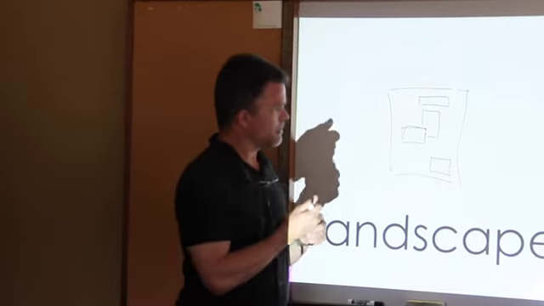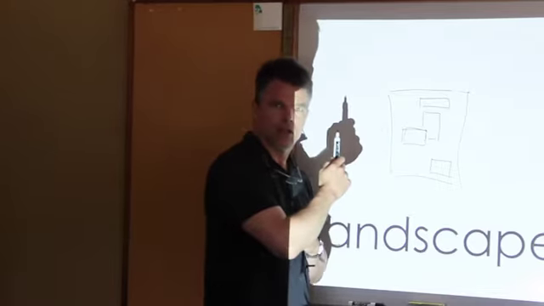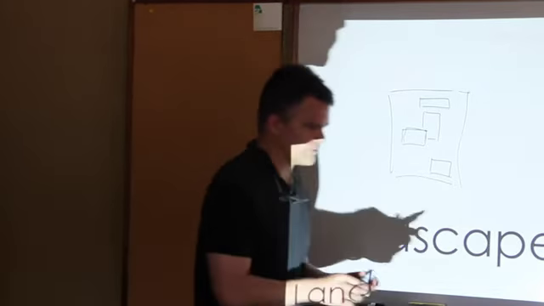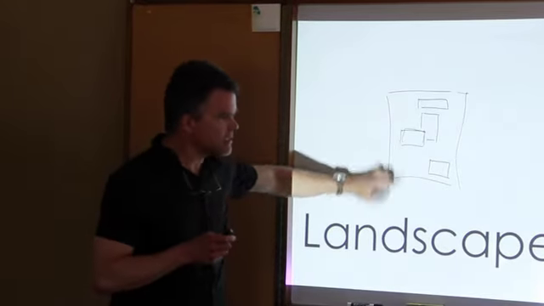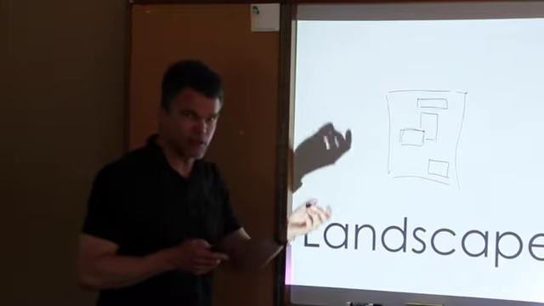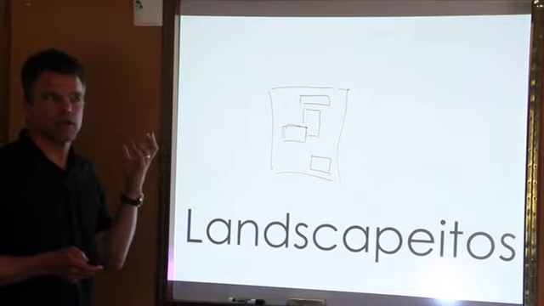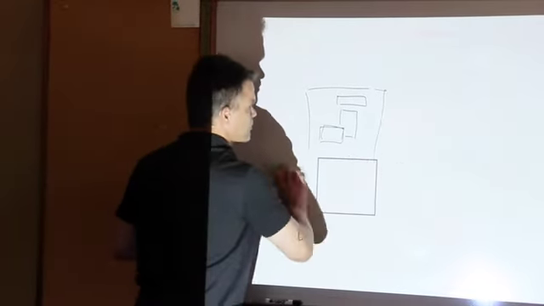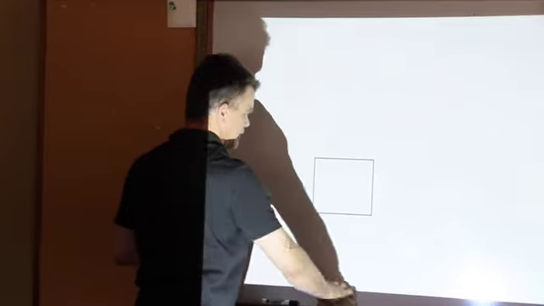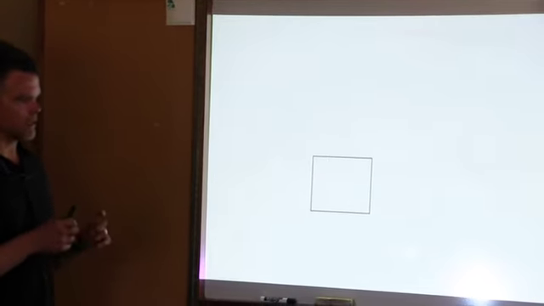And there are a couple of other really important strengths of doing these little landscapes that I want to take a close look at. The first is that because it's little, because it's a landscapito, it is much easier to do these things. If this is the size of my landscape, let's say this takes me, I don't know how many minutes to do.